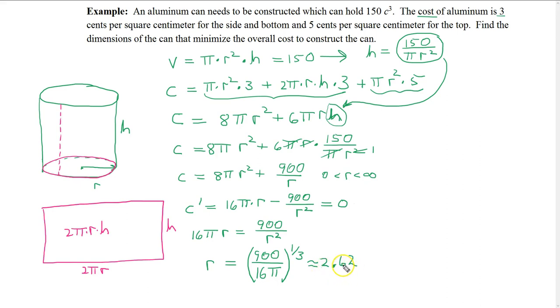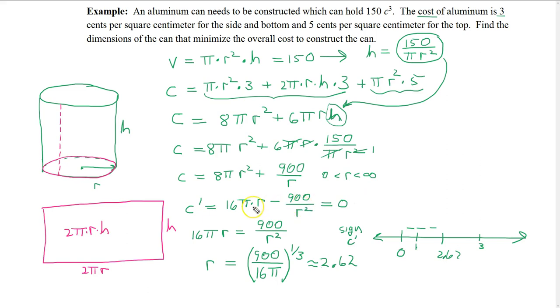Now this is where your cost function has a minimum. Technically you should verify that using a number line. If you look at the sign of C prime, you don't have to do this every time you do these problems. If you pick test points like 1 and 3 around 2.62 and plug these numbers into the derivative, you see that when you put 1 into the derivative, you'll get a negative number.